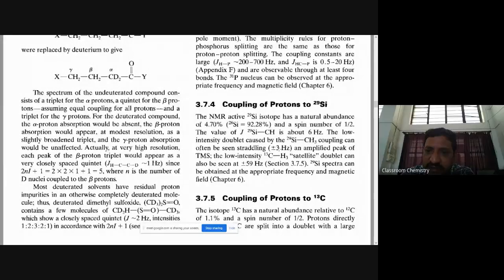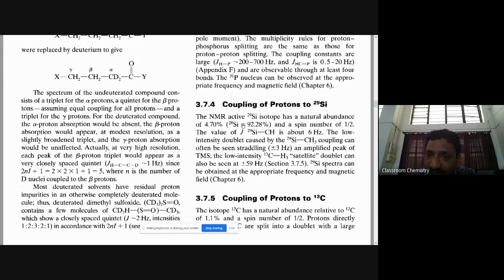Next, see coupling of protons to silicon 29. This is another nucleus, silicon 29. The NMR active silicon 29 isotope has a natural abundance of only 4.70%. If you compare silicon with mass number 29 and silicon with mass number 28, silicon 28 has a natural abundance of 92.28%, which is more.